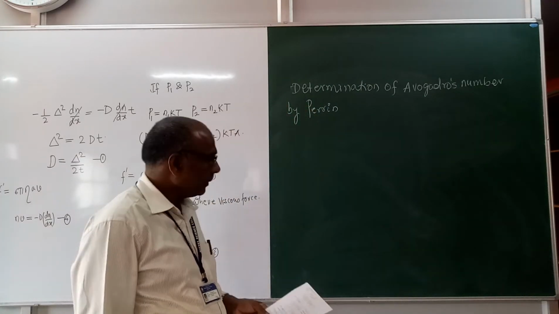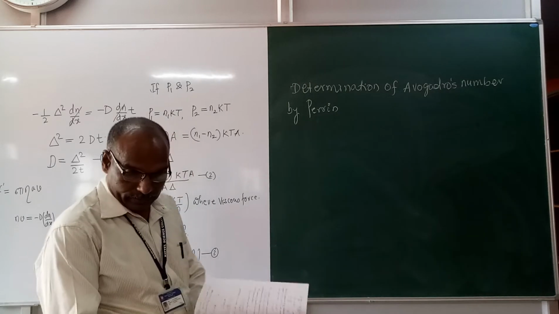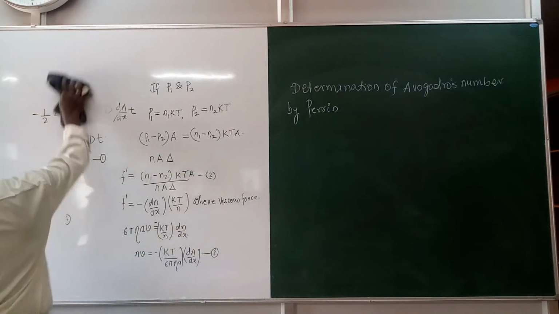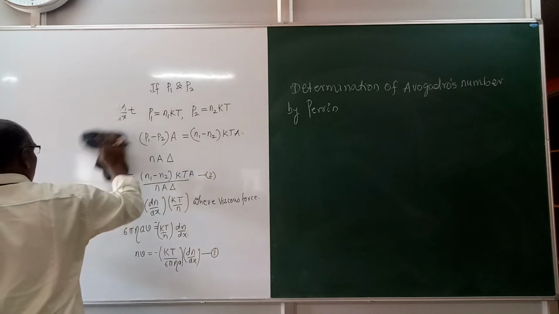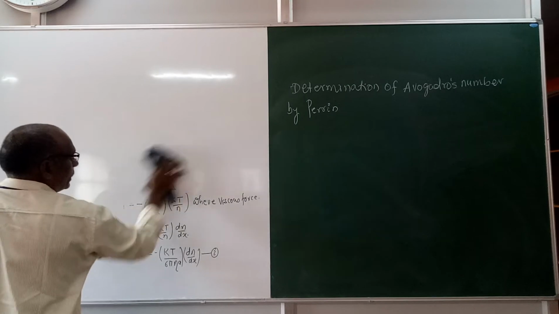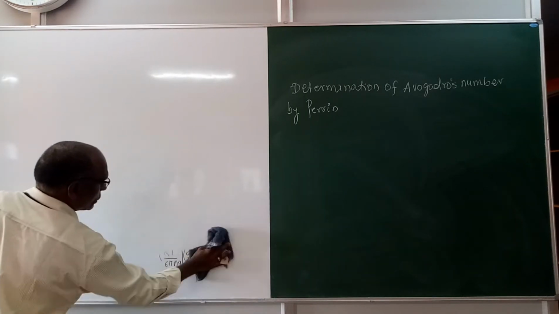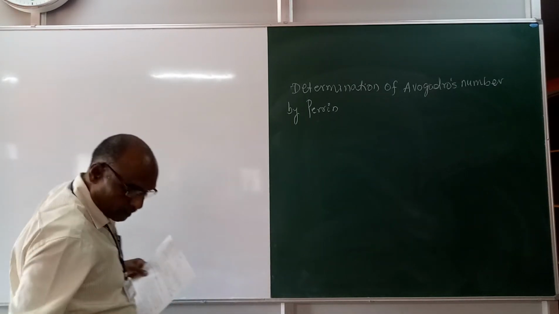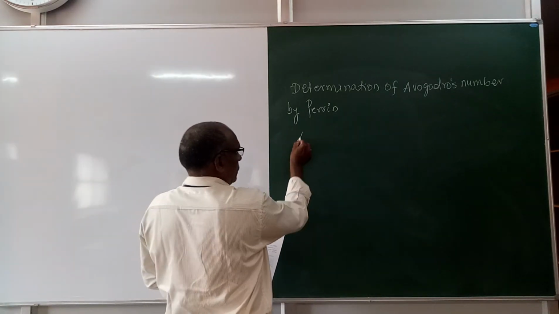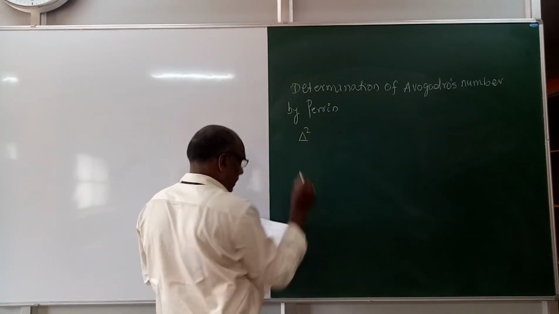But in the earlier theory, known as Einstein's theory of Brownian motion, what we got here is the mean square displacement, that is del square.